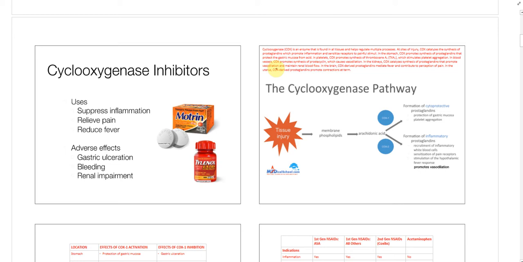Promotes vasodilation in the kidneys to maintain renal blood flow, and they help to cause fever and contribute to the perception of pain in the brain so that we can make sure that we have an appropriate immune response. Also in the uterus, it's used to promote contractions at term. So as you can see, cyclooxygenase is an enzyme that is used in an abundance of places in the body for multiple different reasons.